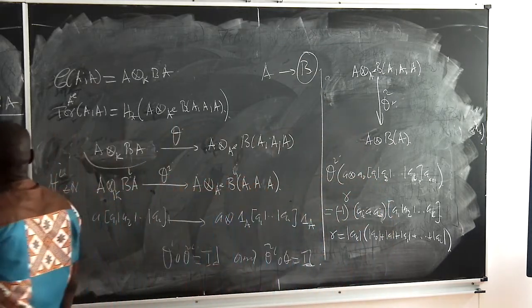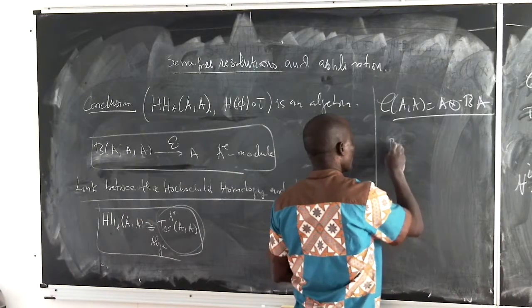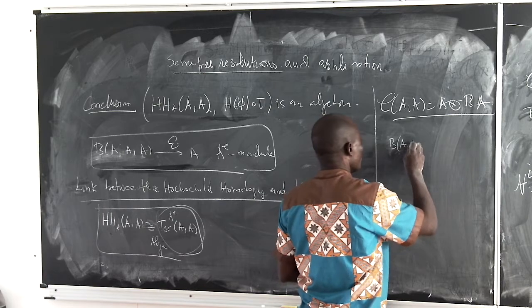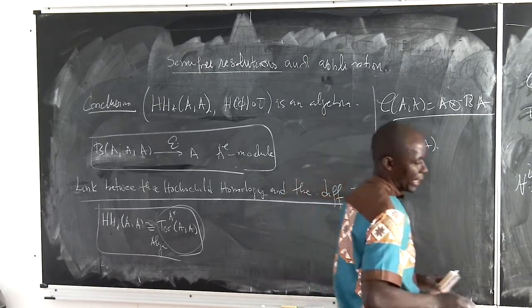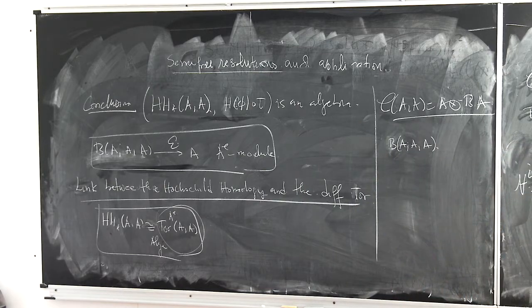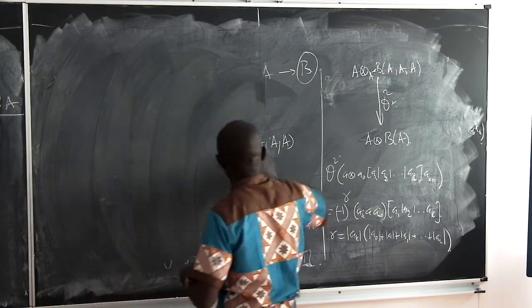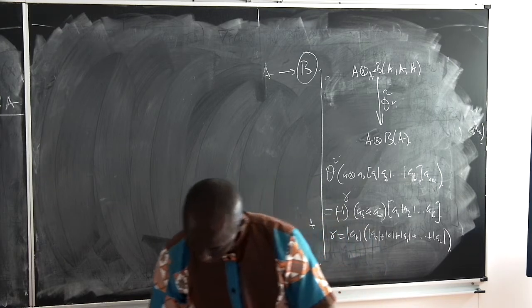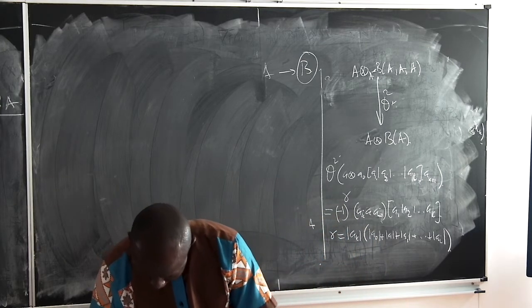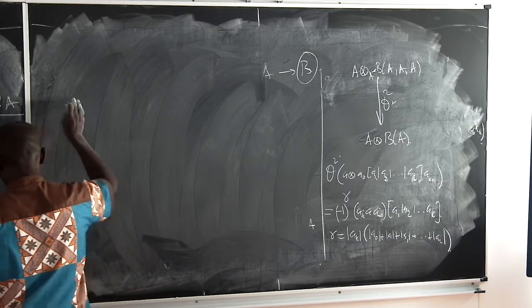We can build a bijection in BA tensor A like this. Let me, because the construction of that product is okay.